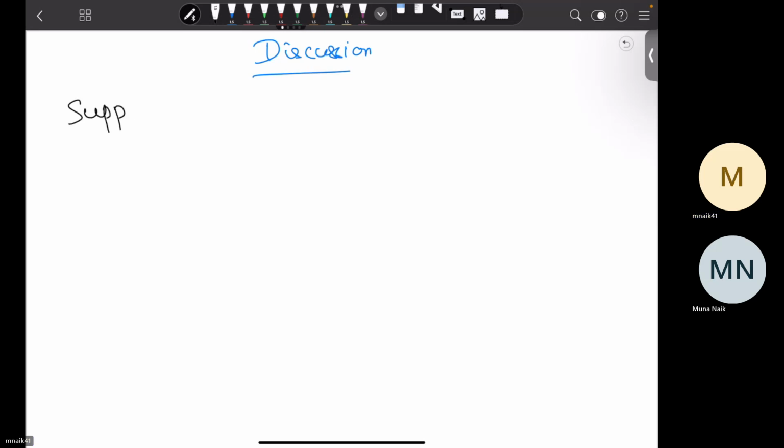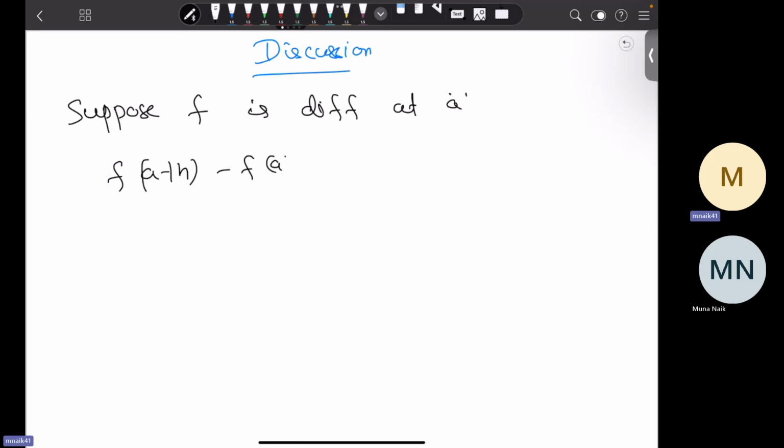Suppose f is differentiable at a. That means f(a+h) minus f(a) minus f prime(a)h is little o of h.